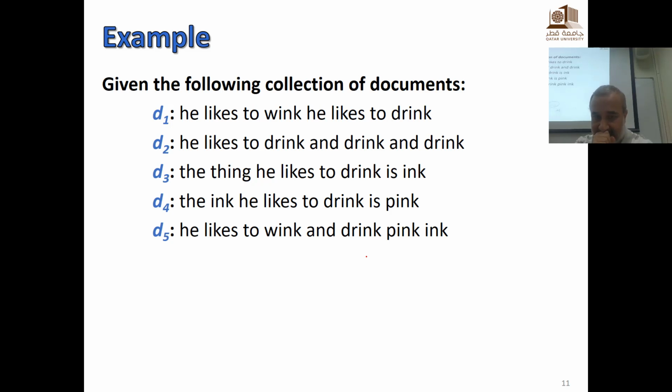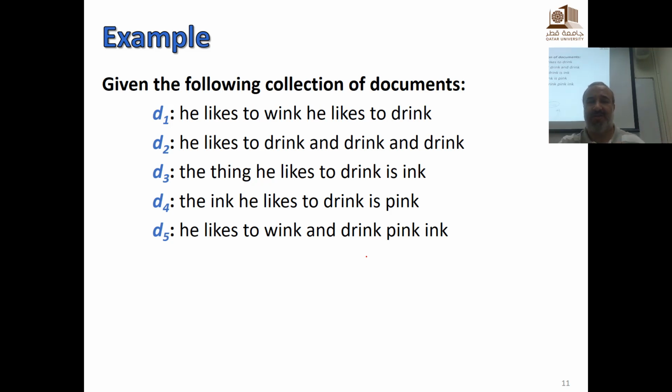This is an example that has just 5 short documents. Each of these we want to represent as a feature vector. We said that we will use the words as features. So how many features do we have? This is the number of unique words.